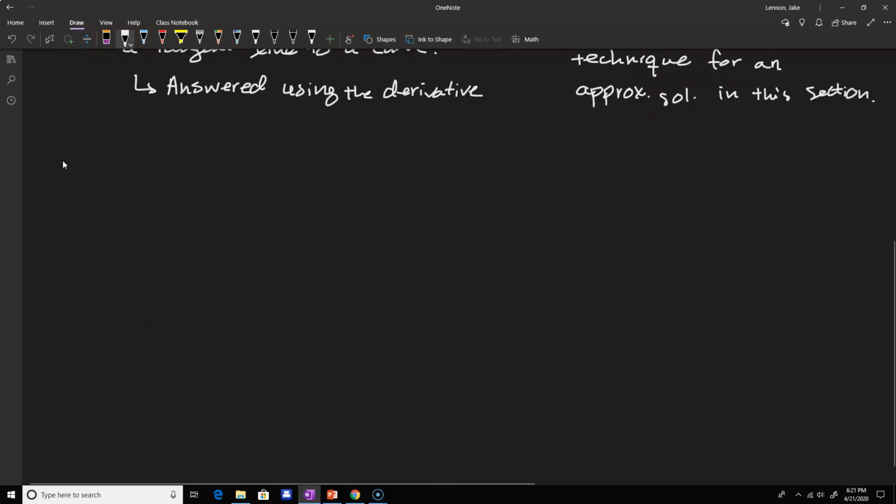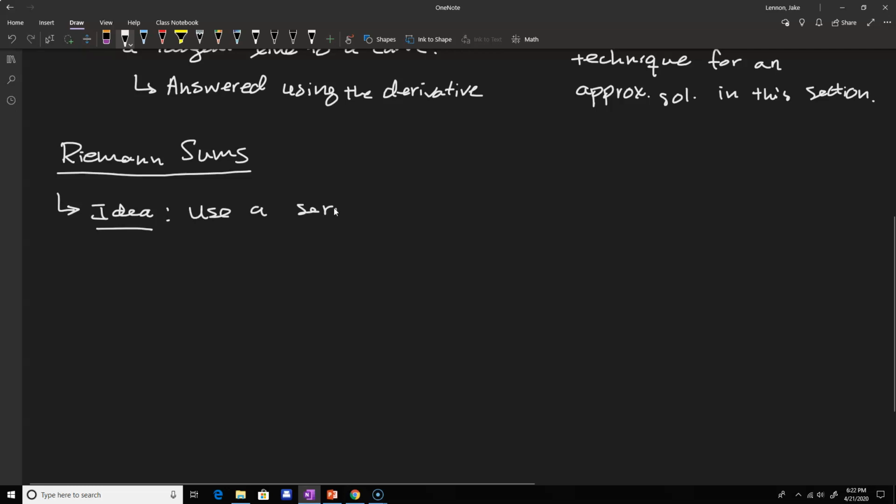How does that work? So these are known as Riemann sums after the German mathematician Bernhard Riemann. So the idea here is to basically use a series of rectangles to approximate the area below the curve.